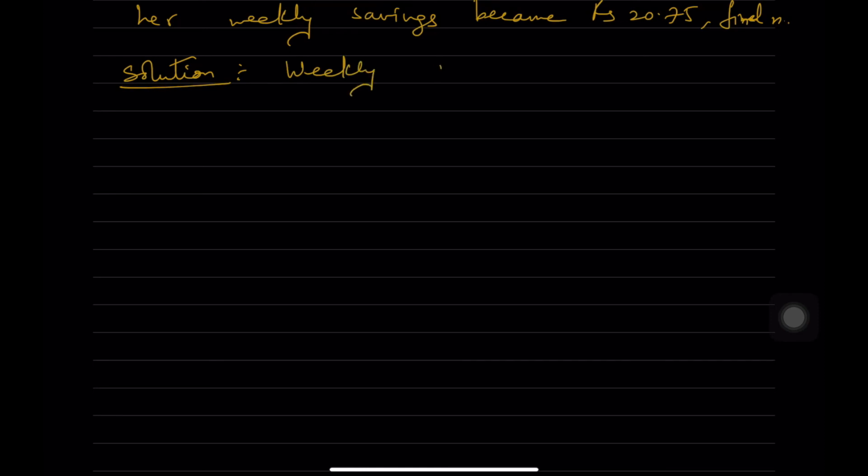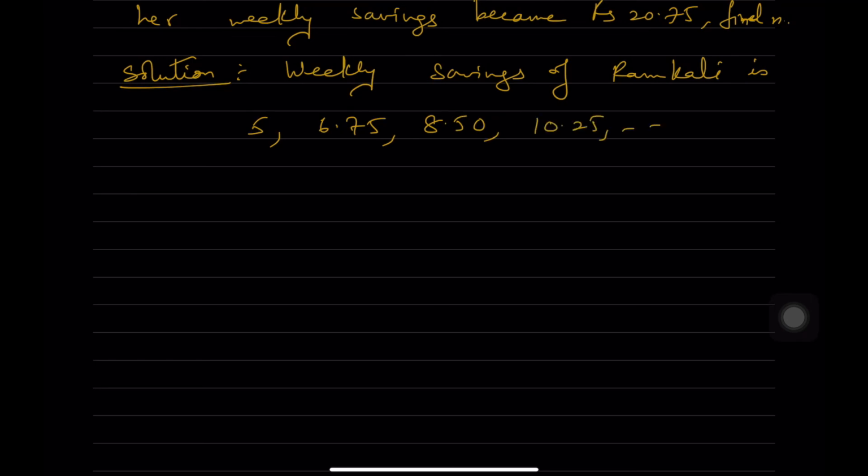Weekly savings of Ramkali is 5, then you add 1.75, it becomes 6.75, then 8.50, 10.25, and so on.